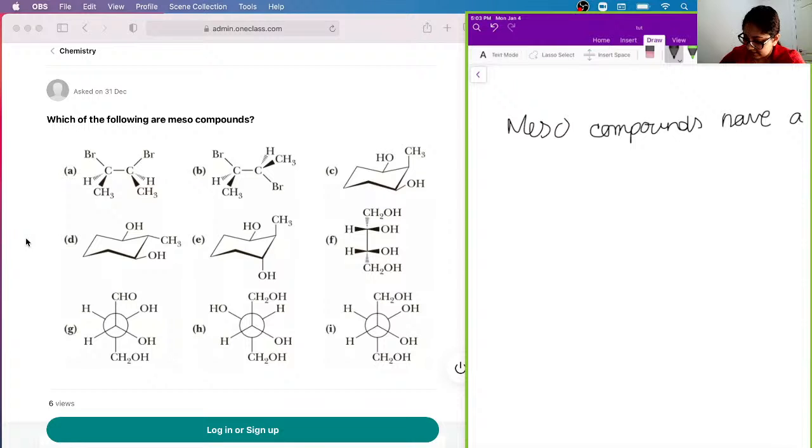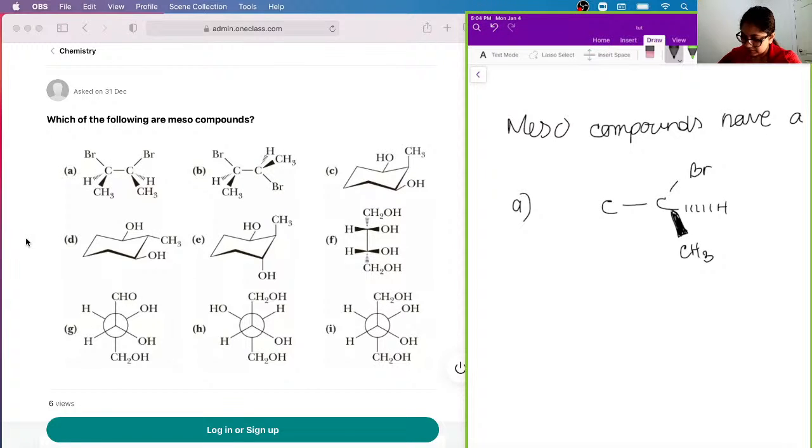Here you can see that you have two carbons, bromine, hydrogen, a plane, and a methyl group, CH3, right here.